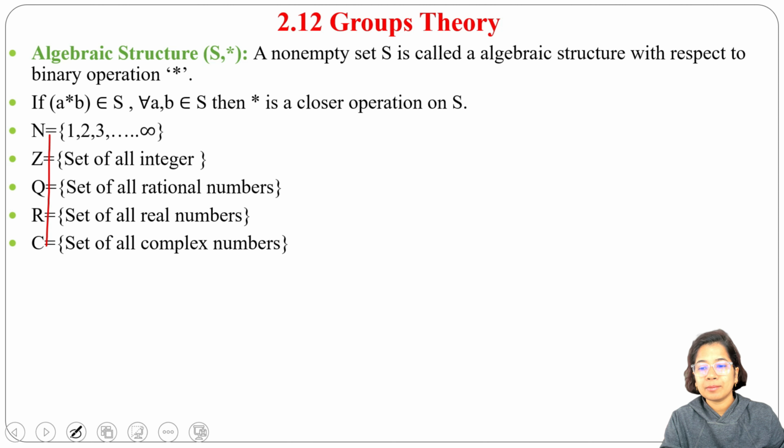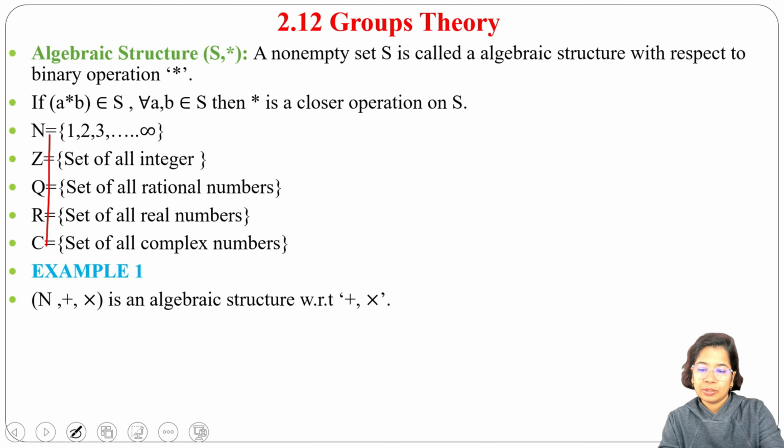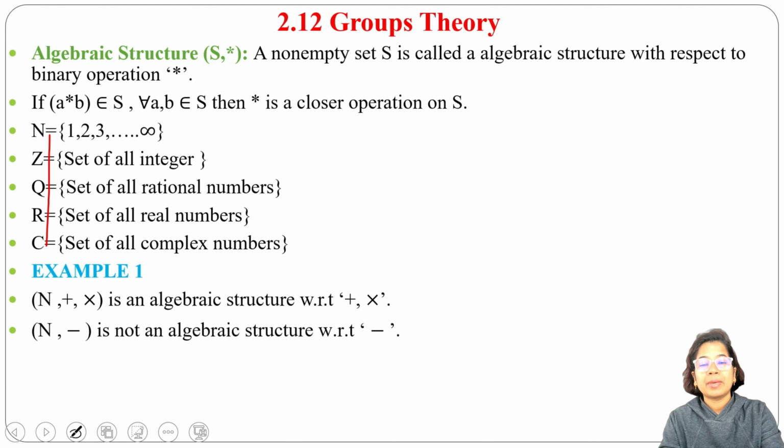Let's see some examples of algebraic structure. So N plus is an algebraic structure. If you do addition of two integers, it will be another positive integer that comes under N. So it is closure. N multiplication is also an algebraic structure, as multiplication is a closure operation on integers. But N minus is not an algebraic structure with respect to minus.